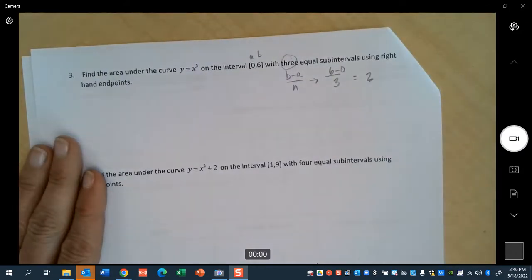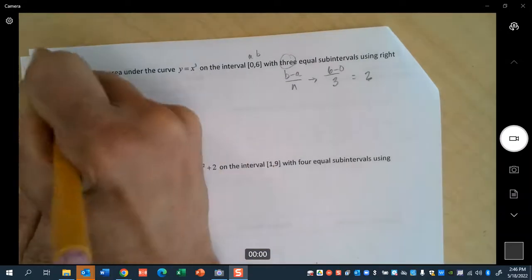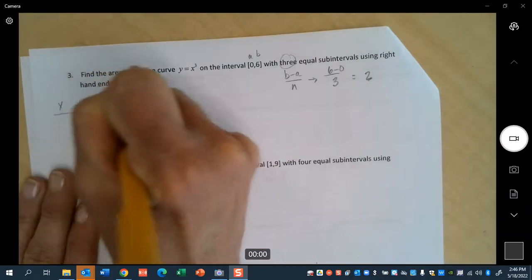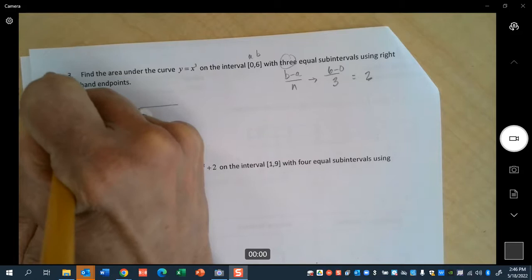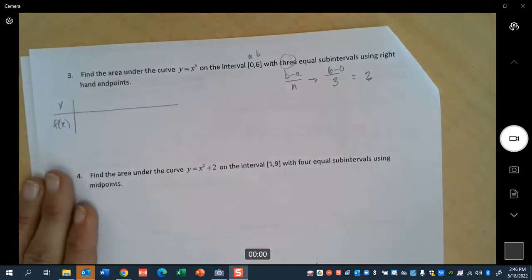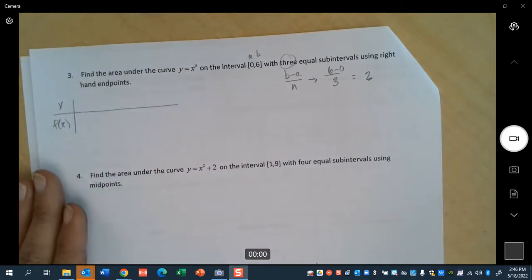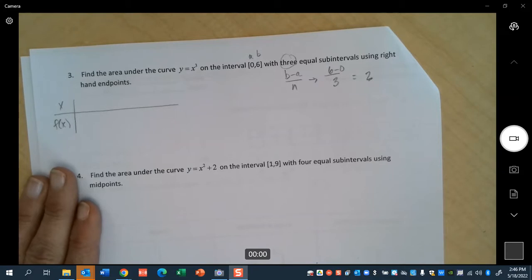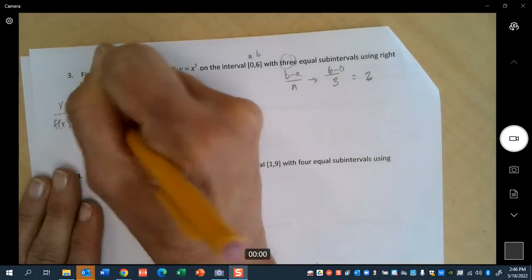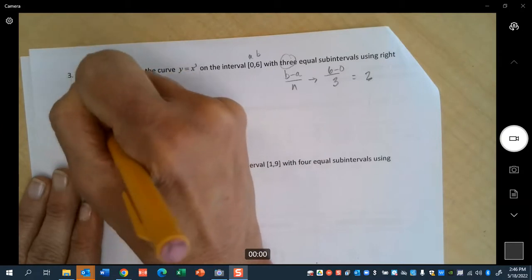You okay with that? So when I go to draw my input-output table on the interval from 0 to 6, each subinterval is worth 2.